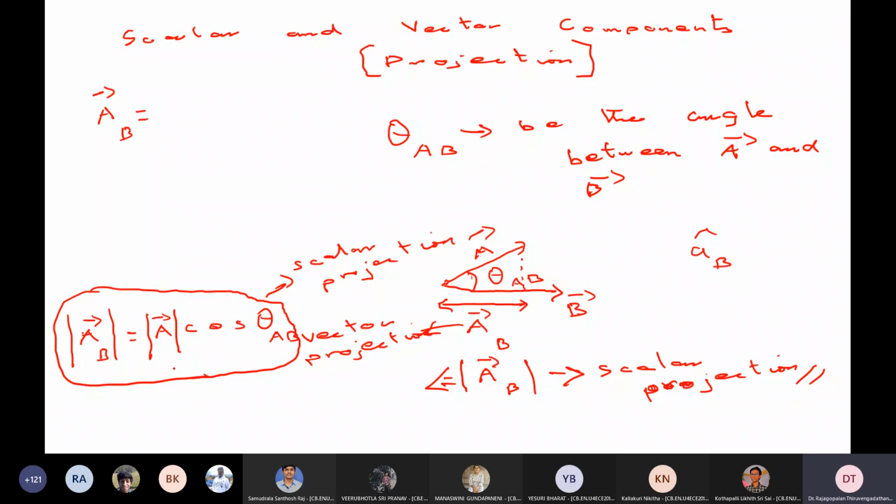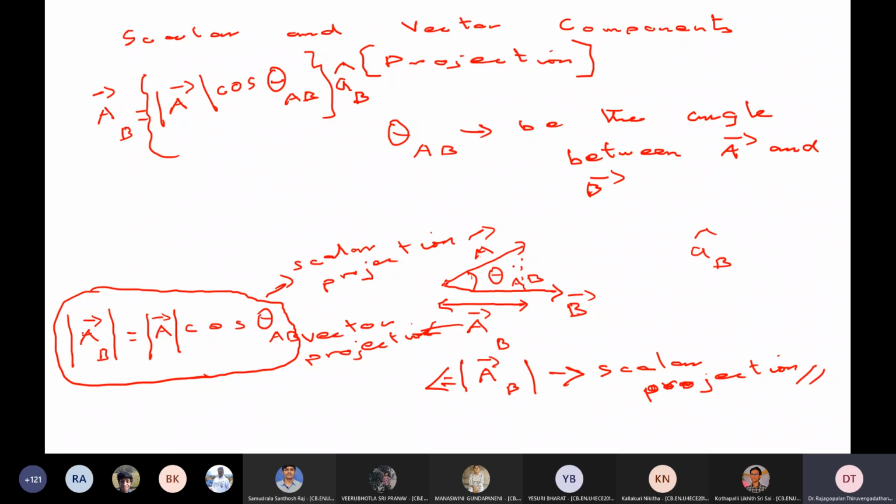Whatever I get as the scalar projection, the quantity within this bracket, I need to associate a direction, which will be along the direction of the B vector. So I just multiply by the unit vector. That is my vector projection.